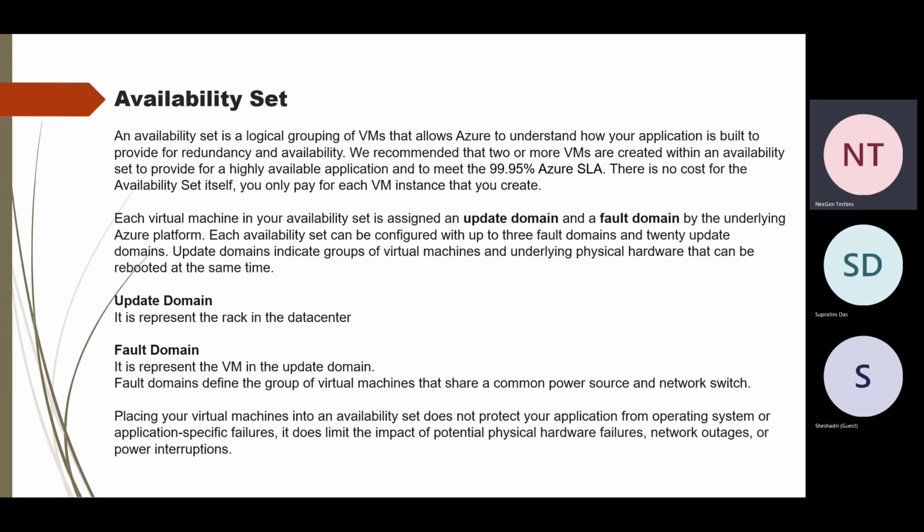Each virtual machine in your availability set is assigned to an update domain and a fault domain. So what is an update domain and a fault domain? We'll see in more detail. In the underlying Azure platform, each availability set can be configured with up to 3 fault domains and 20 update domains.